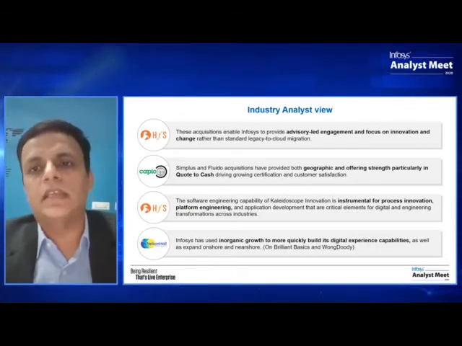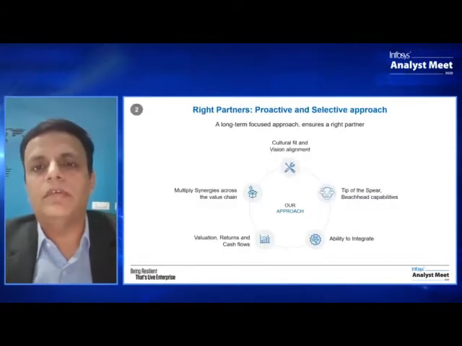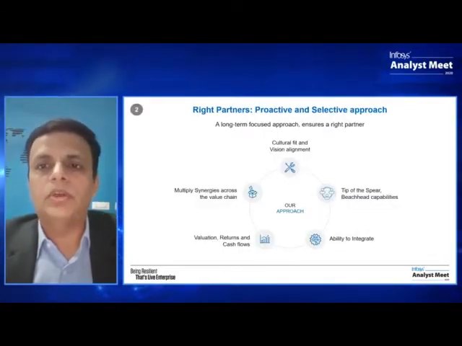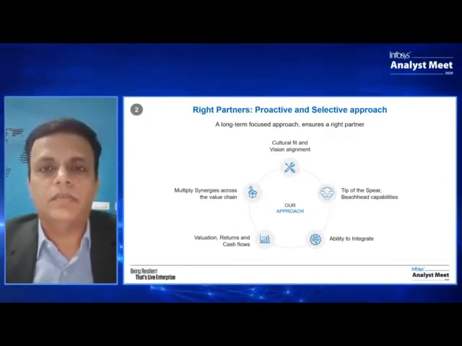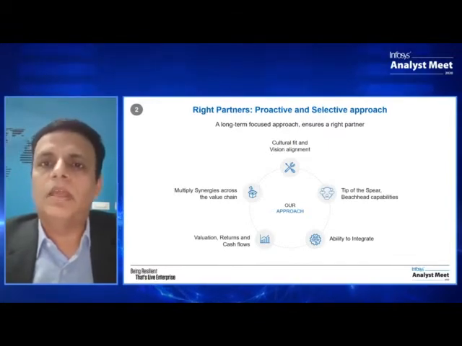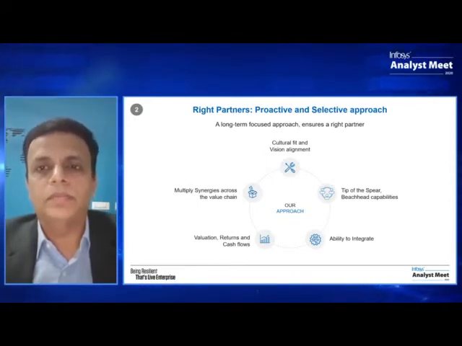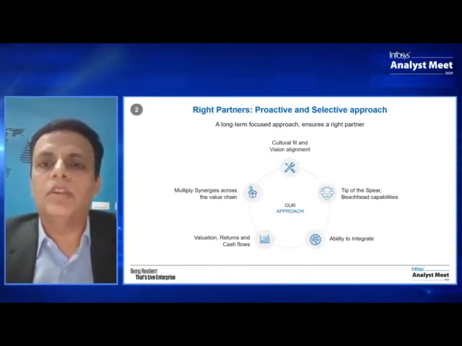That brings us to the second aspect: how do we identify a target and what do we look at when we evaluate a target. First and foremost is the cultural fit and alignment of vision. Culture, values, and alignment of vision are very important as we look at people and companies to come on board. We believe these are founding stones and play a very significant role in success or failure of any acquisition.